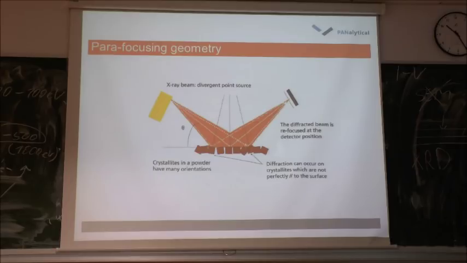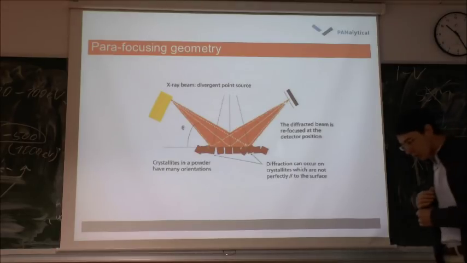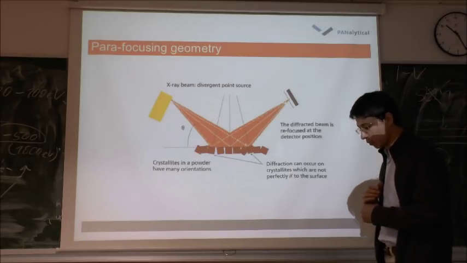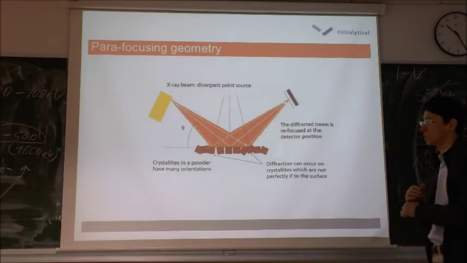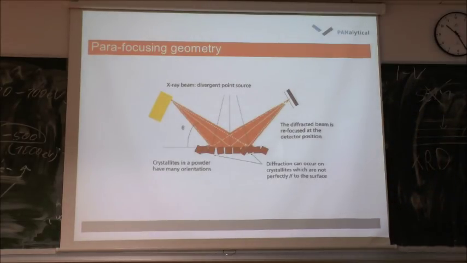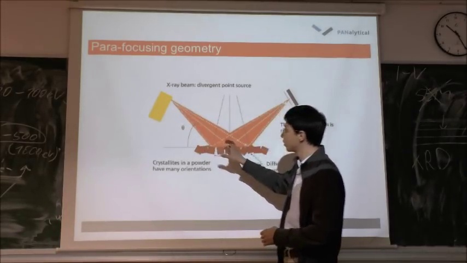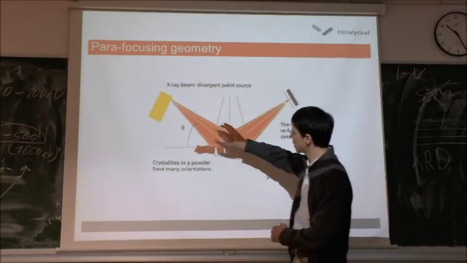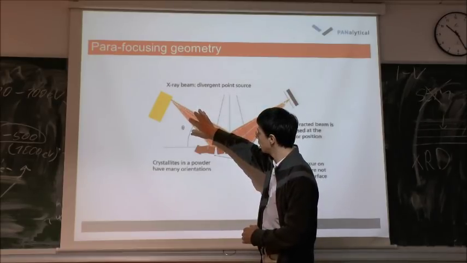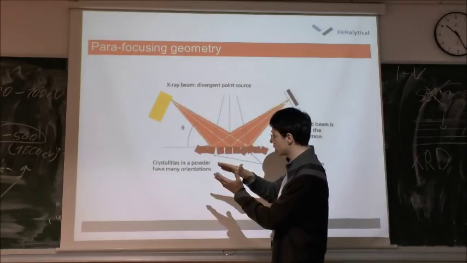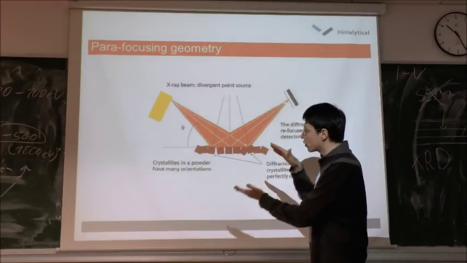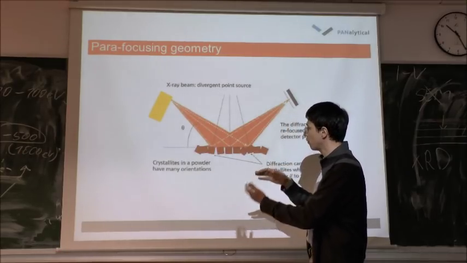So in Bragg-Brentano measurements, we actually deal with the parafocusing geometry. This is the definition of the Bragg-Brentano. We have the source, and the beam is divergent. With certain slits, we limit the divergence in this direction. This is the so-called divergence slit, which can be programmable or fixed.